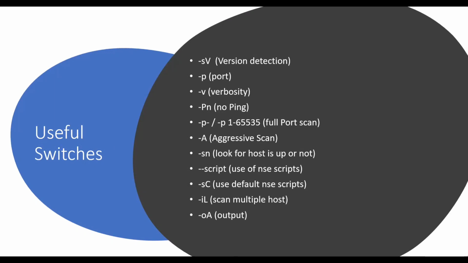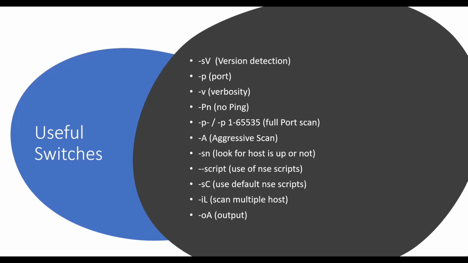And these are some of the useful switches which will help you to identify information, like -sV, which is version detection, and -p, with which you can specify any port number, right? Verbosity will help you expand the information, right? And -Pn, hyphen capital P small n, belongs to no ping, right?